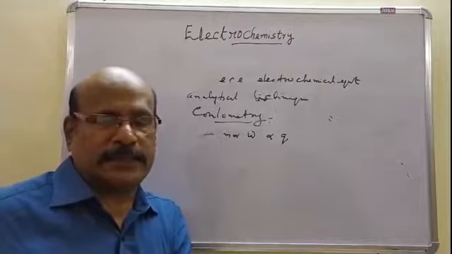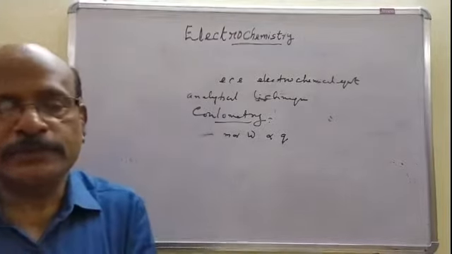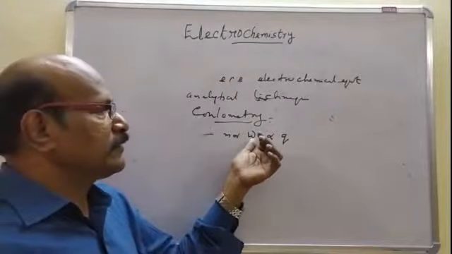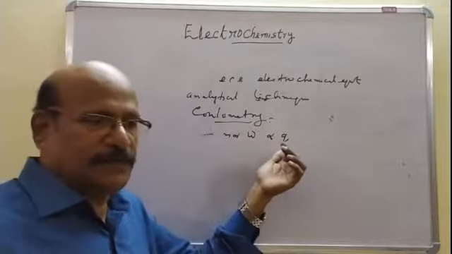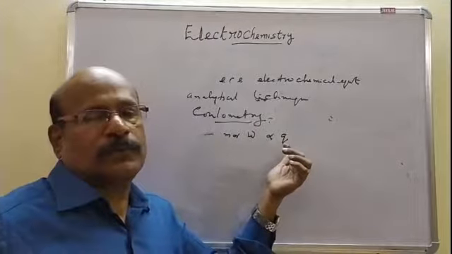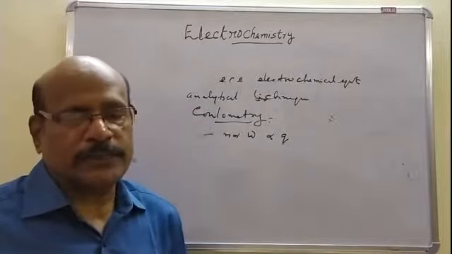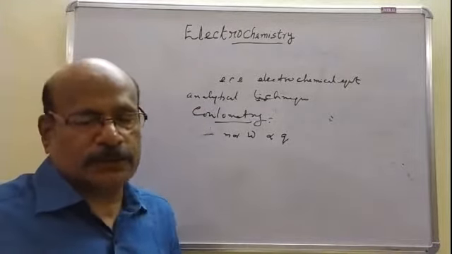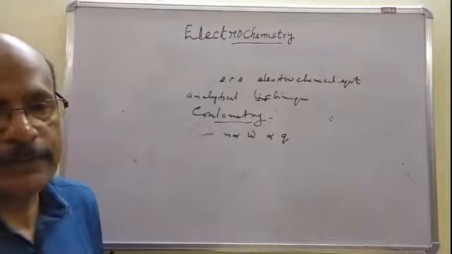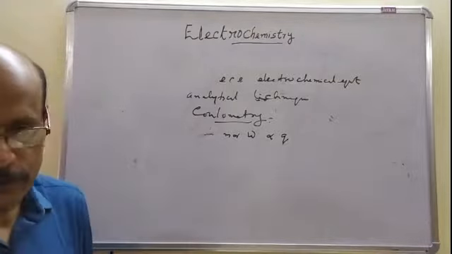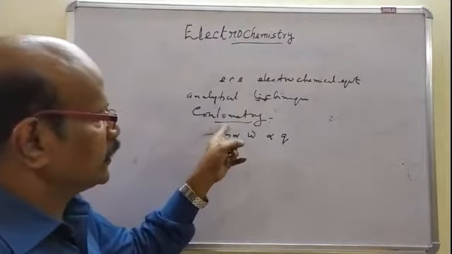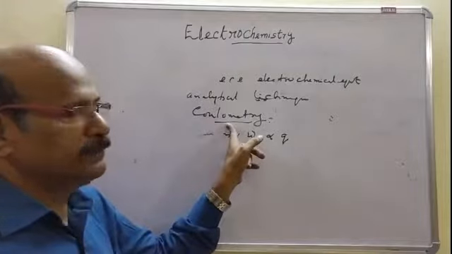That is the technique, because it is very difficult to estimate or weigh the material. Instead, we can determine the quantity of the current easily. So by measuring the quantity of the current, it is possible to estimate the amount of the material that is produced by the electrolysis. That electroanalytical technique is called coulometry.